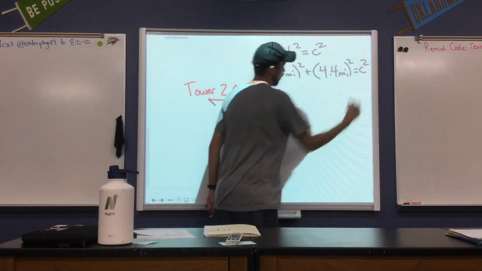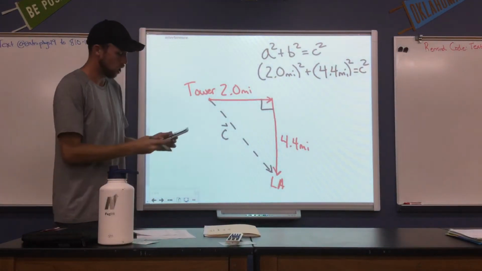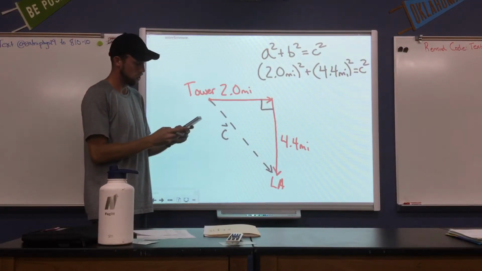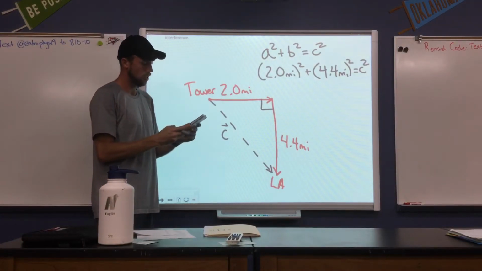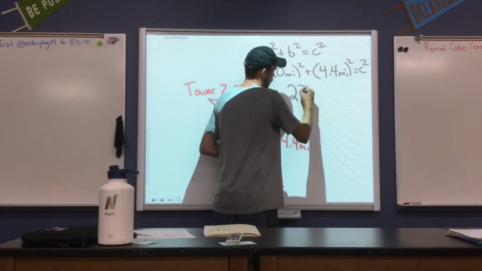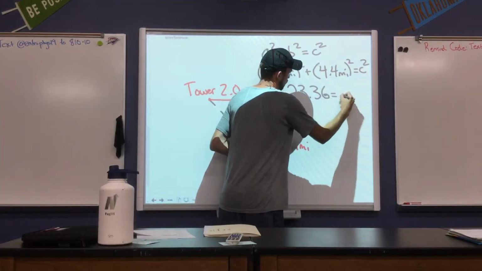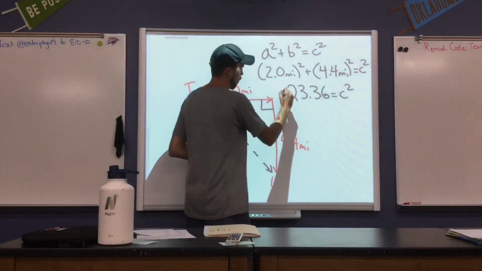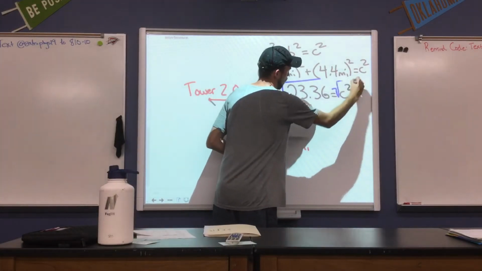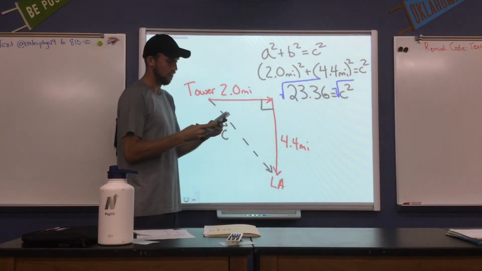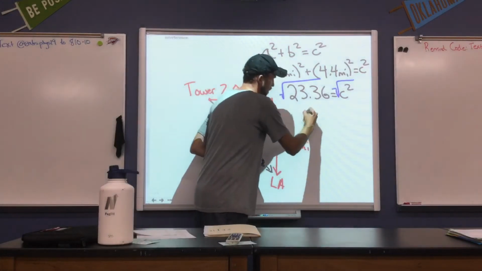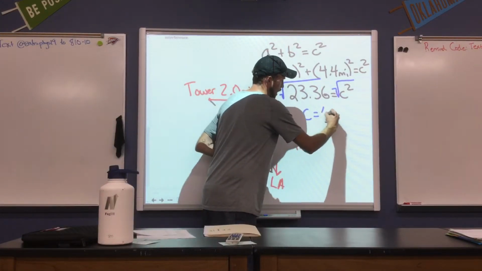But when we square that value, it will become a positive. So 2 squared plus 4.4 squared gives us 23.36 is equal to c squared. And then we take a square root to get c by itself. So the square root of 23.36 gives us a value c that is 4.83.